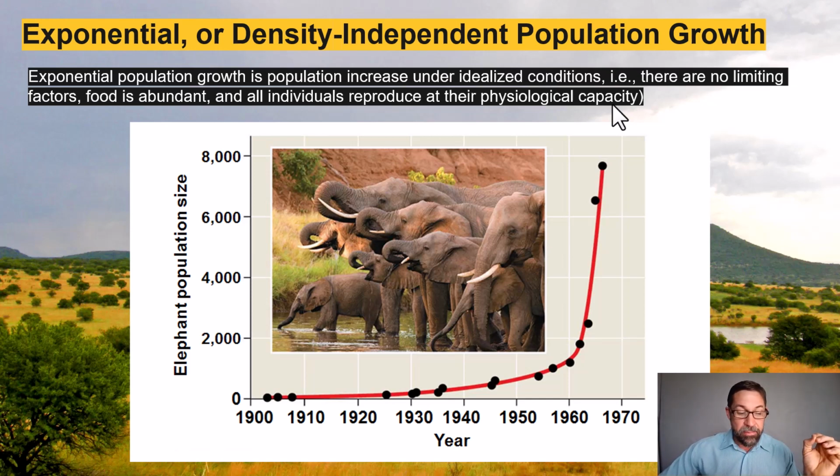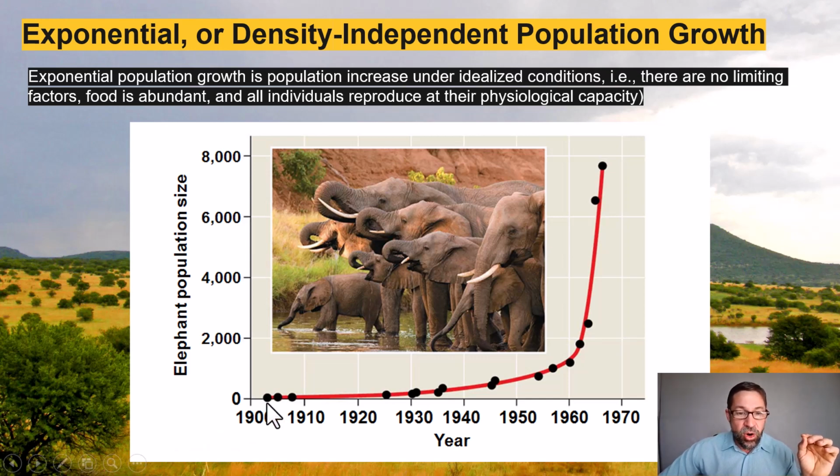A great example: in Kruger National Park in South Africa, the park was first established at the beginning of the 20th century. By the time the park was established, the elephant population had just been decimated in Kruger by the ivory trade.